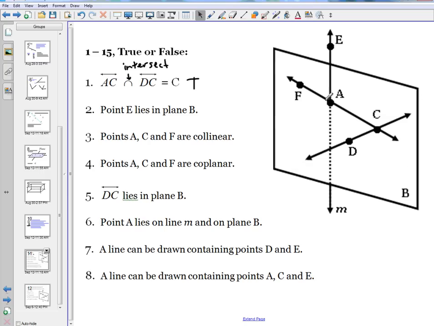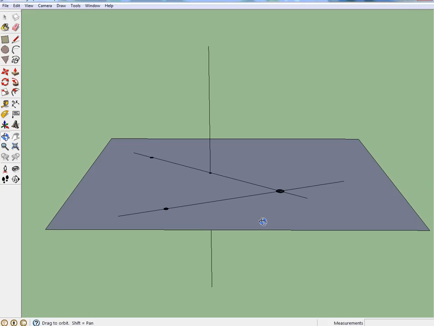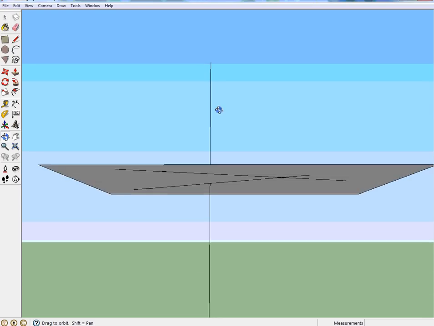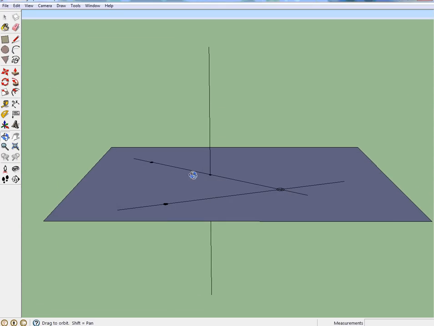We've got points F, A, C, and D, and then we have a line sticking out of it. This dotted line tells me that you can't see the line, and then when it comes behind the plane, you can see it again. So it really looks like this, where we have a line sticking through the plane, and you can kind of see that as I rotate it. The line goes straight through the plane at this point, point A. So this is F, A, C, and D. We'll remember that.